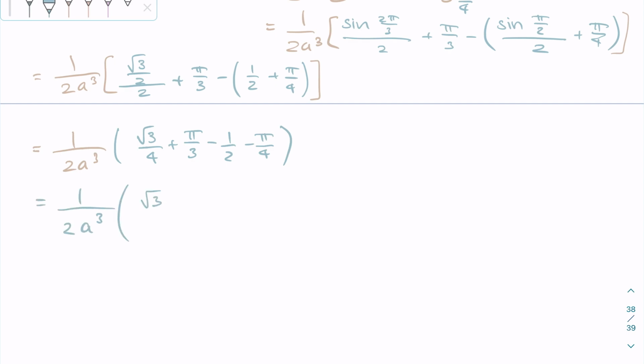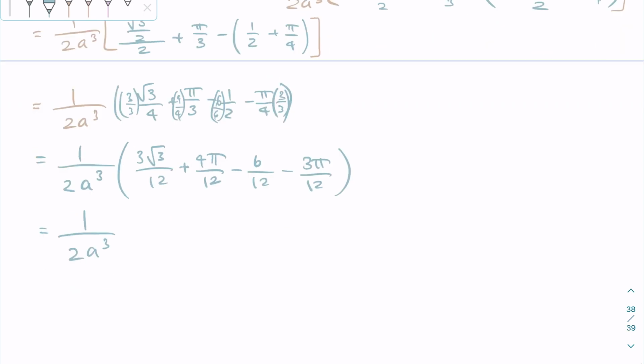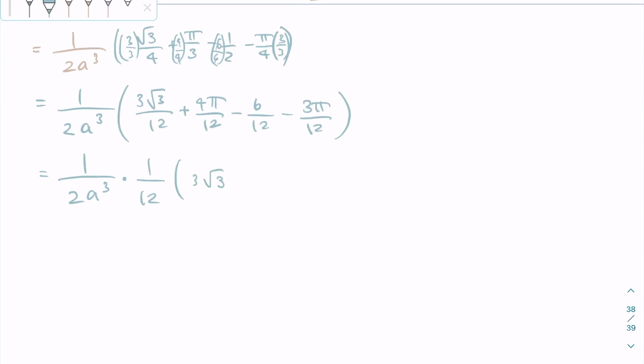We can combine the fractions by making the denominator equal to 12. And then take the 12 out of the parentheses. So we get 1 over 24a cubed, 3 squared of 3 plus pi minus 6.